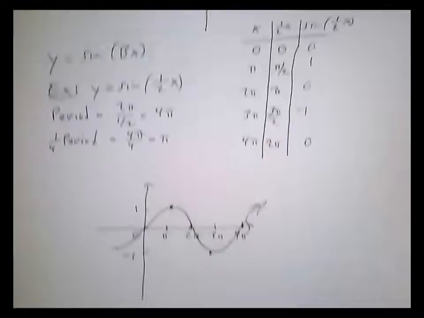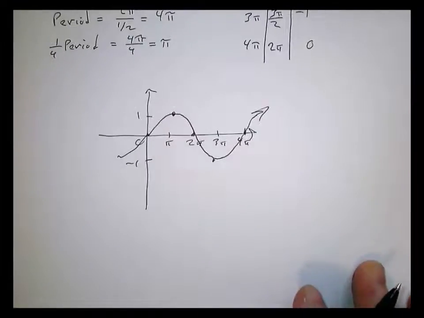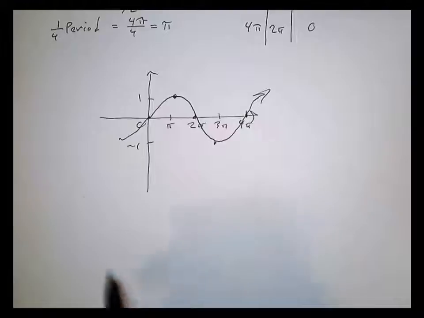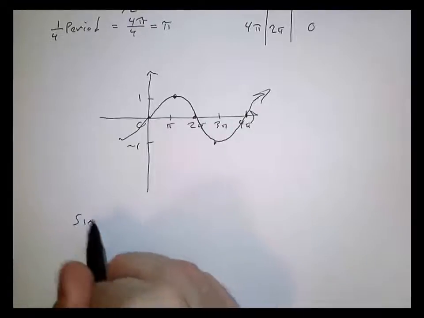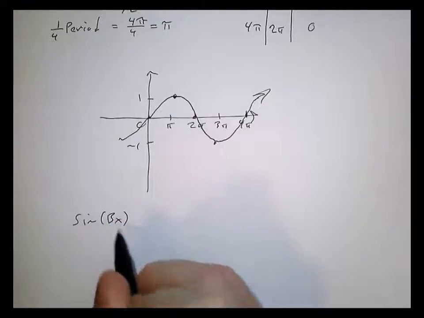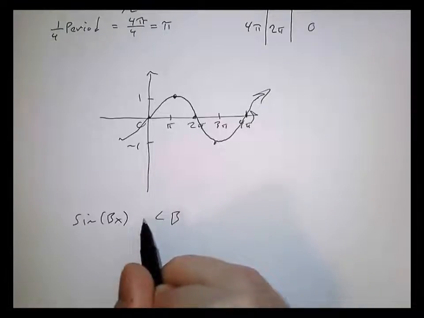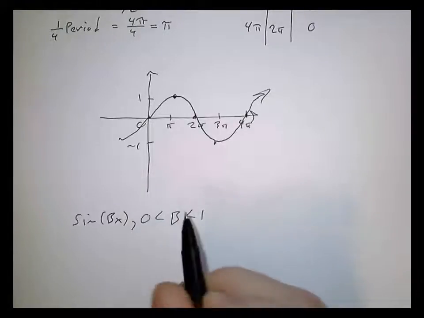And we can think about what happens in general here with the sine of bx, and b is between 0 and 1.